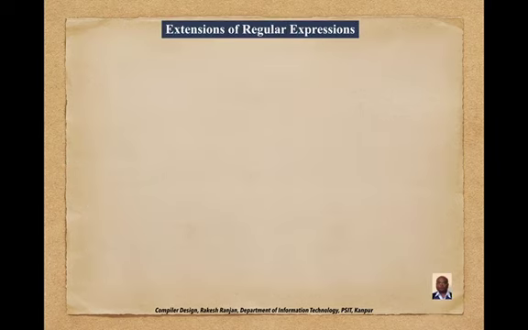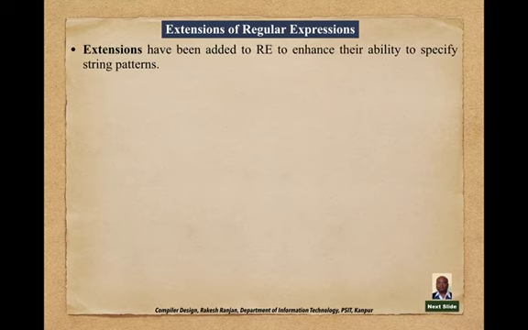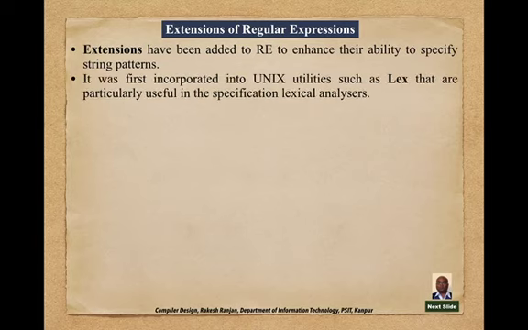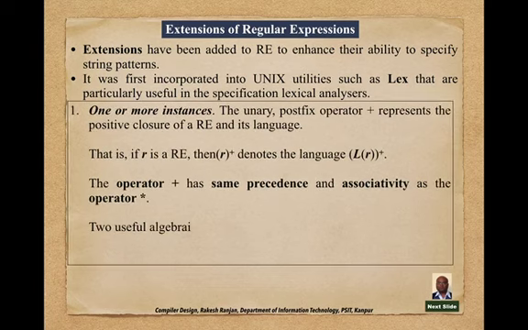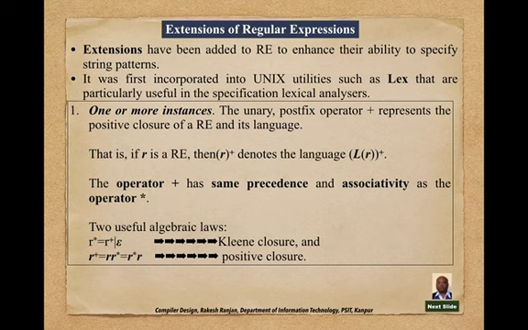Extension of regular expressions. Extensions can be added to regular expressions to enhance the ability to specify string patterns. It was first incorporated in Unix utilities such as Lex. One or more instances can be represented by R+.